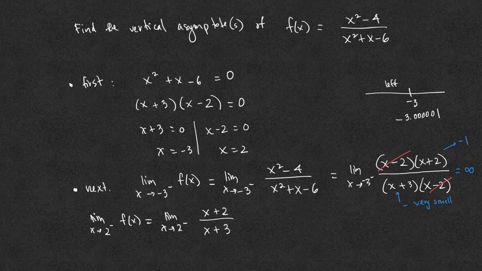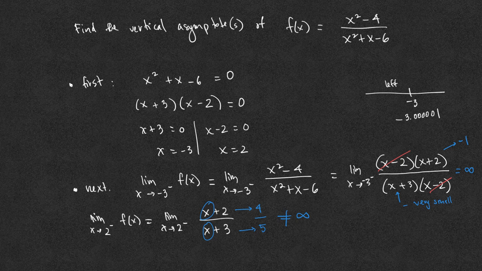As x approaches 2 from the left, the numerator approaches 4, and the denominator approaches 5. And so this expression is 4 over 5, which is clearly not a very large number. And so we do not have a vertical asymptote at x equals 2.